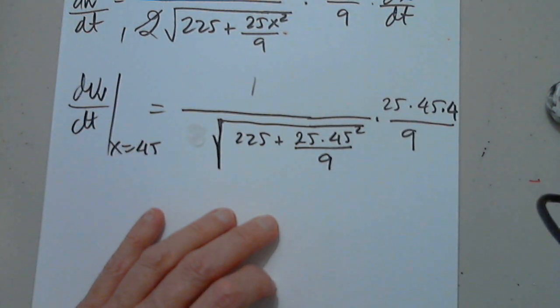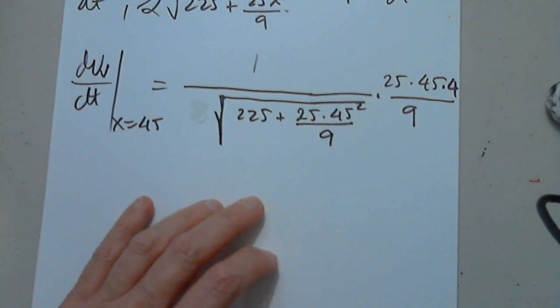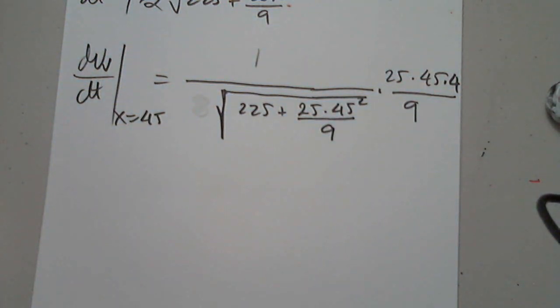I'm checking. Again, 25 times 4 is 100, times 45, 4,500. That's correct. I divided by 9, yes, and I divided again by 225, 25, 45 squared, and 9. So now I can click on Enter, and I got 6.3. Let's see what they want. Let me write this down first.